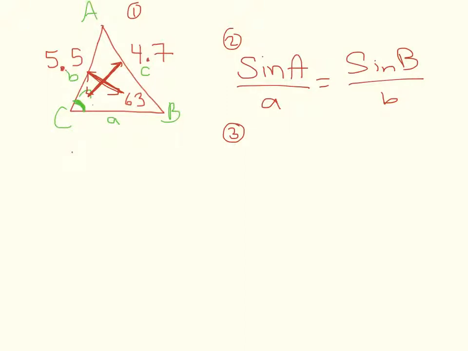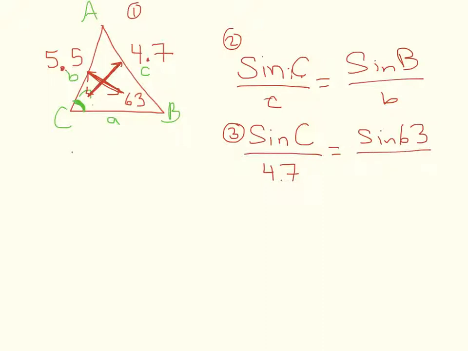So, and not sine A, we have B and C. So sine C is unknown, that's our variable that's staying. Side length c is 4.7. Sine B is 63 degrees. And side length b is 5.5.